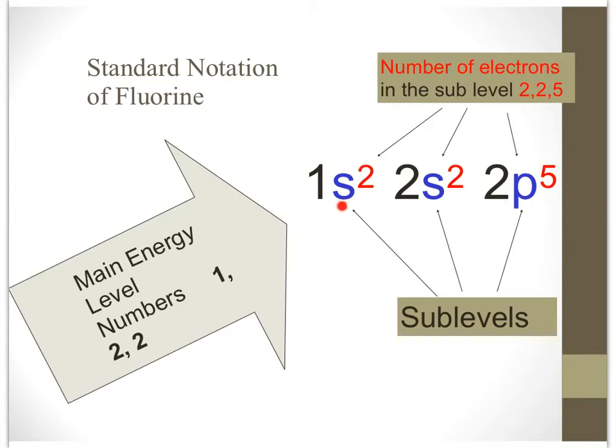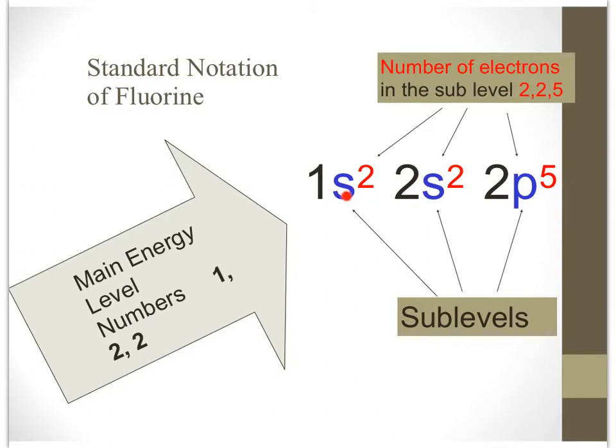Then the sublevel is written as its letter, s, p, d, or f. And then the number of electrons in that sublevel is written as an exponent. So for fluorine, with its 9 electrons, the first 2 electrons go in the 1s, the next 2 go in the 2s, so that gives us 4, and then the last 5 electrons would go in the 2p.